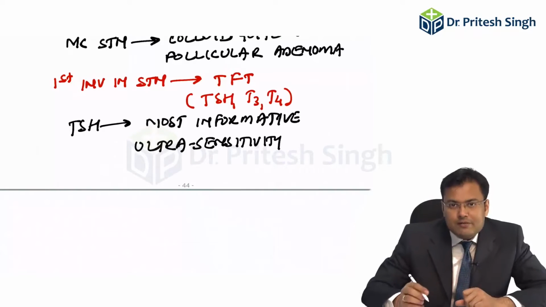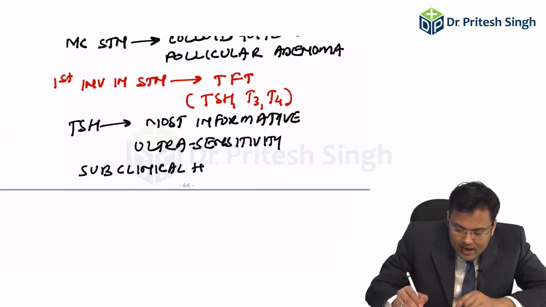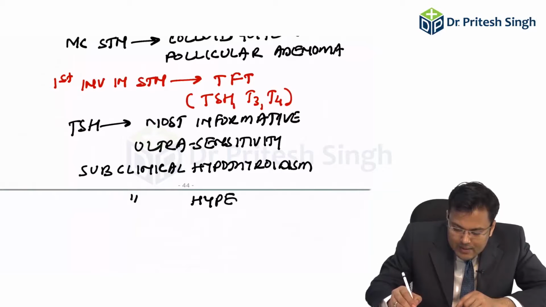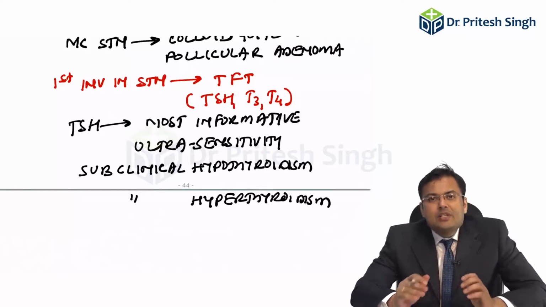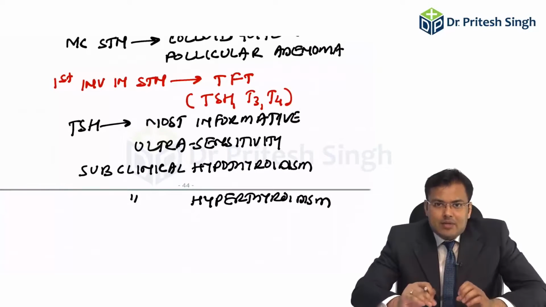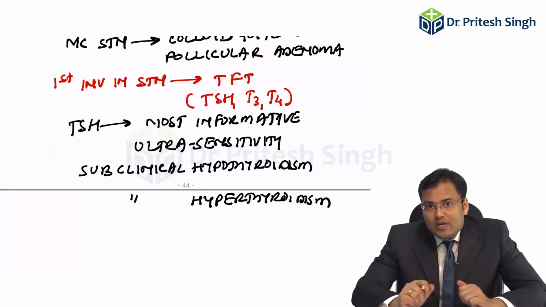Because of ultra sensitivity, it is most informative. It can detect subclinical hypothyroidism and subclinical hyperthyroidism. What is the meaning? Even if the patient is not having signs and symptoms of hypothyroidism or hyperthyroidism, what happens?